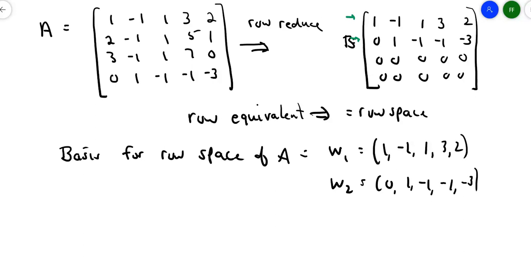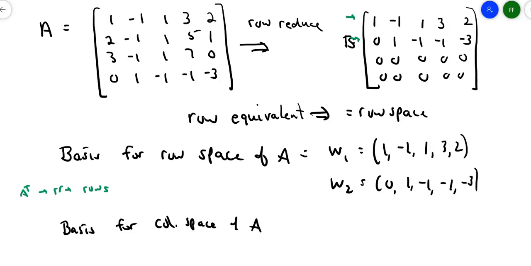Now, let's take a look at the vectors that are in the column space. So the basis for the column space of A. Again, you could run through that process if you want, where you take A transpose, row reduce it, and then look at the rows that are non-zero.